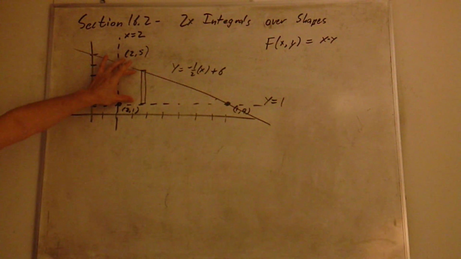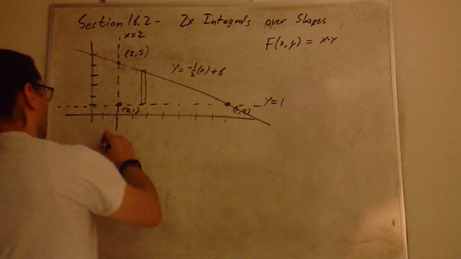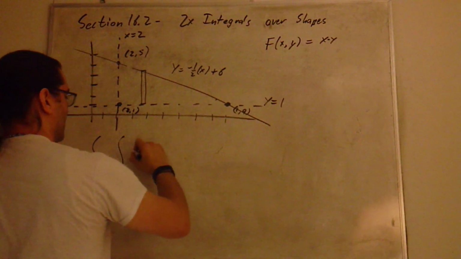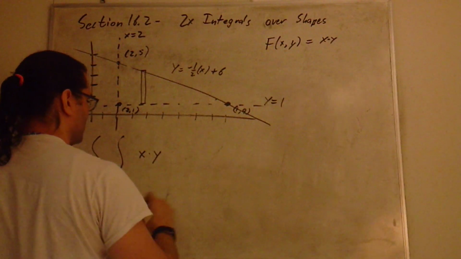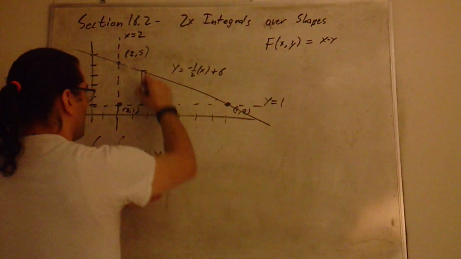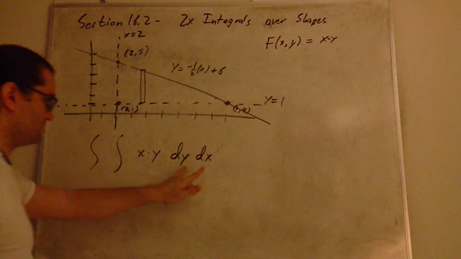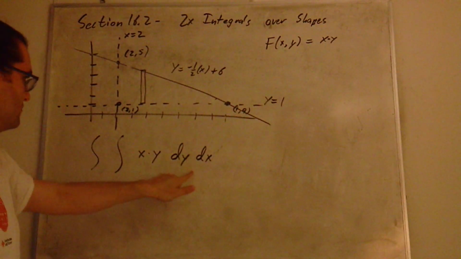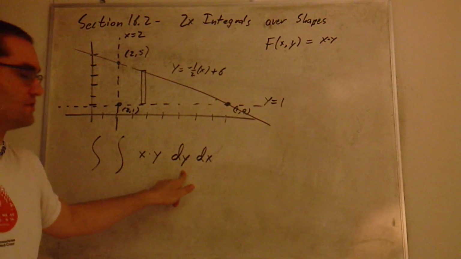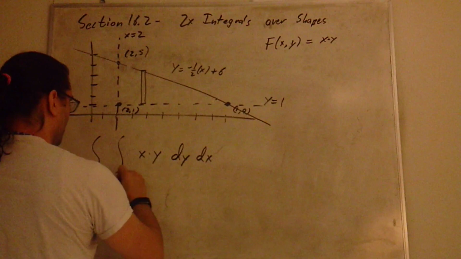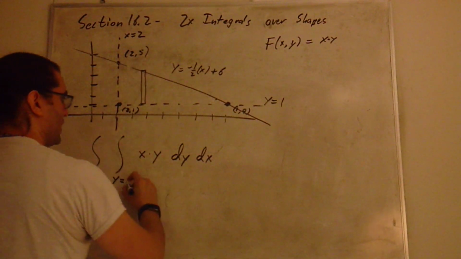we have to look at the bounds we have here. Ultimately, we are going to be setting up a double integral of this function x times y. If I slice y first, that means I'm doing dy dx for my d's. It's very literally y first. And when you slice it this way, you have to look at what is the lower bound on y. The lower bound on y is 1.